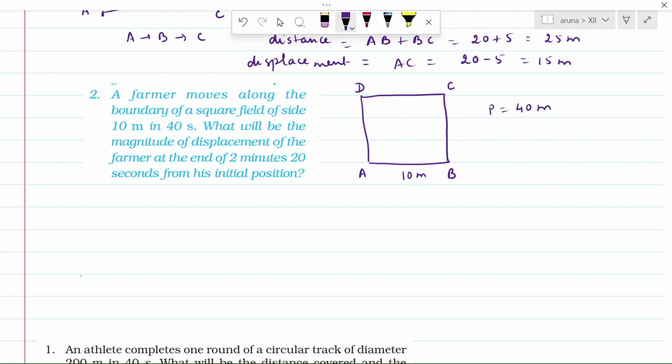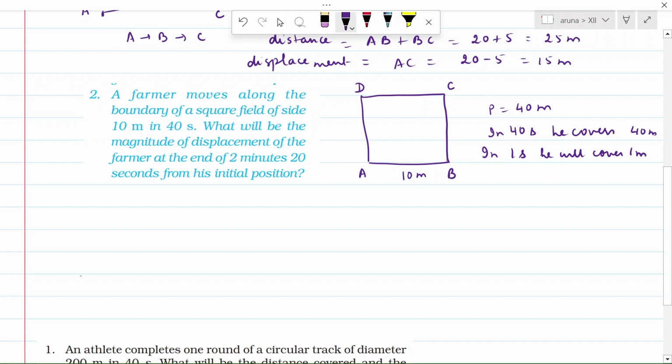So he goes around once along the boundary of the field in 40 seconds. So in 40 seconds, he covers 40 meters, and in 1 second, he will cover 1 meter. That's one way of looking at it.